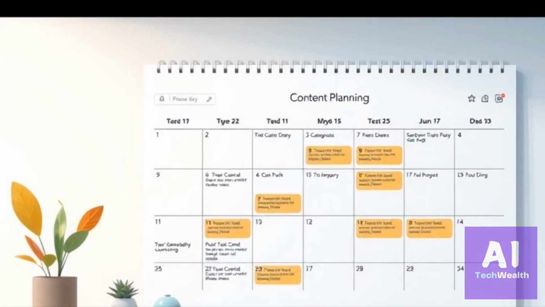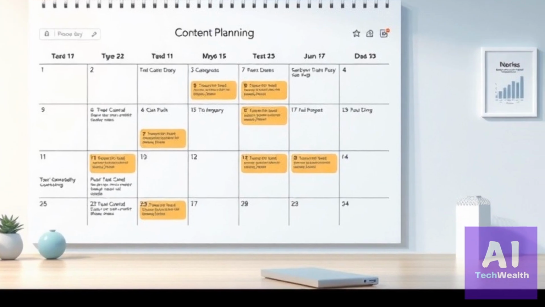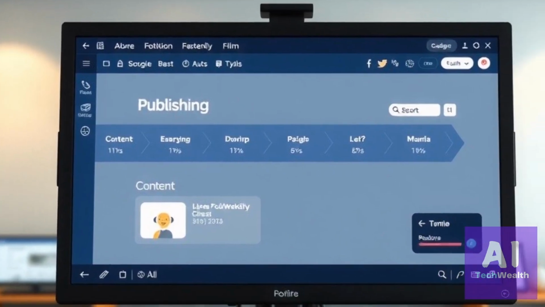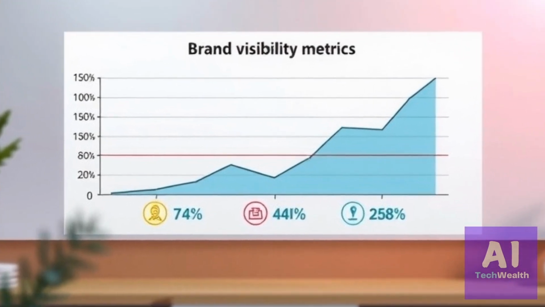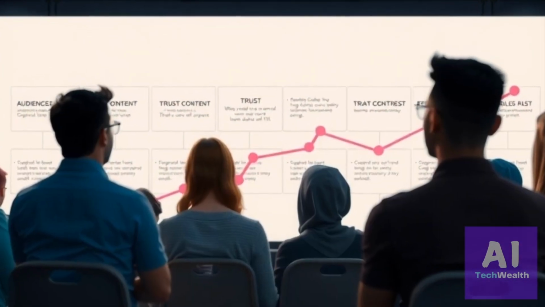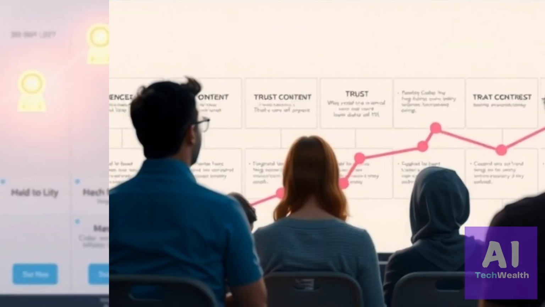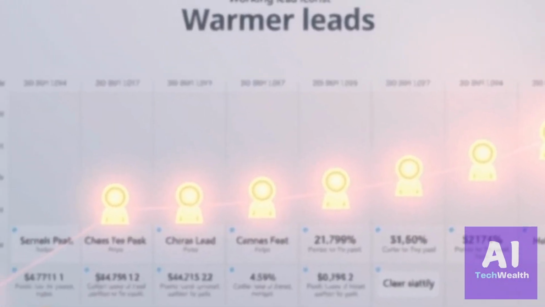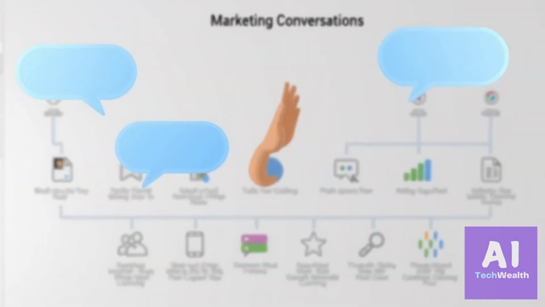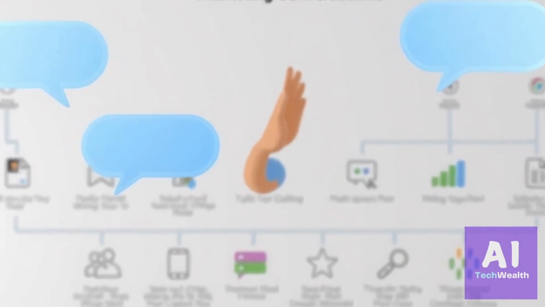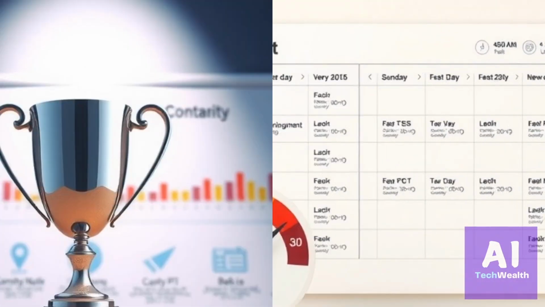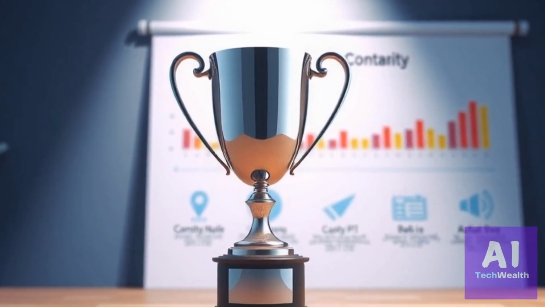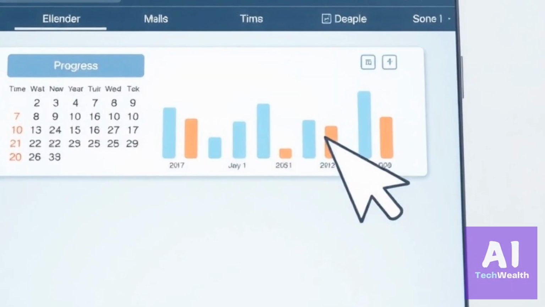Now, instead of scrambling for ideas every week, you batch content, you systematize production, you publish consistently. When content becomes consistent, brand visibility increases, audience trust grows, leads become warmer, and sales conversations get easier. And most importantly, your marketing stops depending on your mood. Consistency beats intensity. AI simply makes consistency achievable.